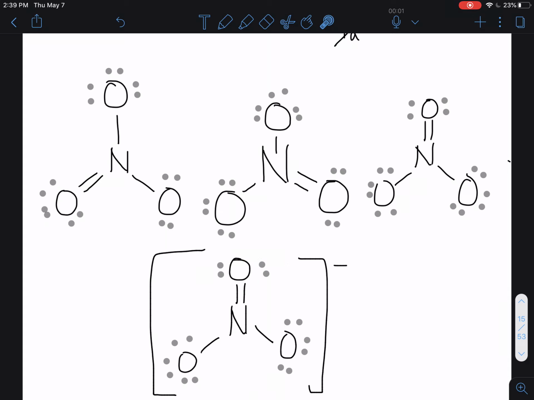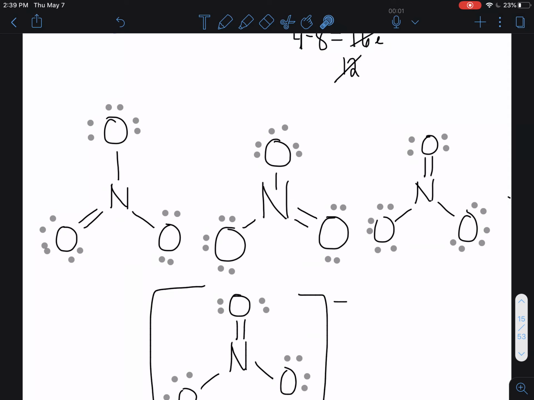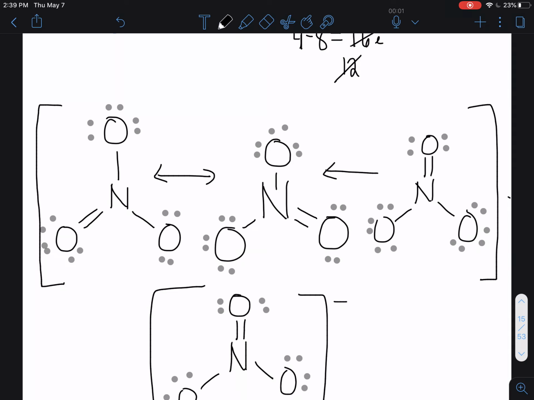If I ask you to give me all of the relevant resonance structures for NO3, you would do all of these guys, and then you would put a bracket around the whole thing, and you would put double-sided arrows in between each, indicating that it's going back and forth, and then you would put a negative sign on the outside, okay?